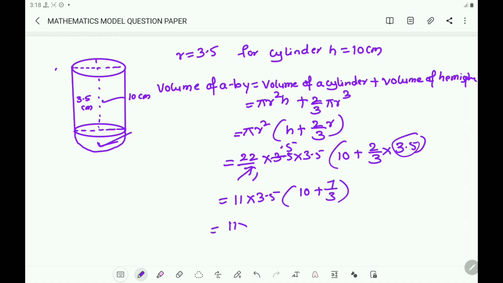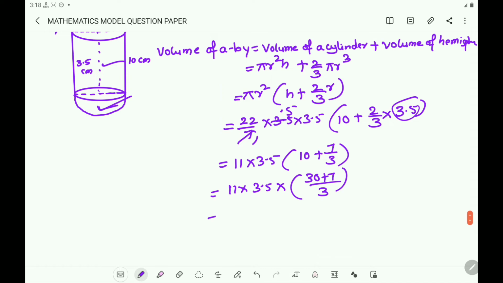That equals 11 into 3.5 into, here you take the LCM. LCM is 3 and the numerator becomes 10 threes are 30 plus 7. Then it is 11 into 3.5 into 37 by 3.